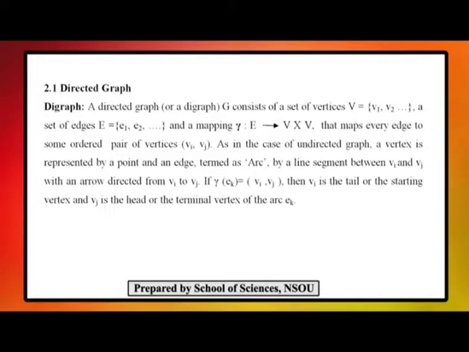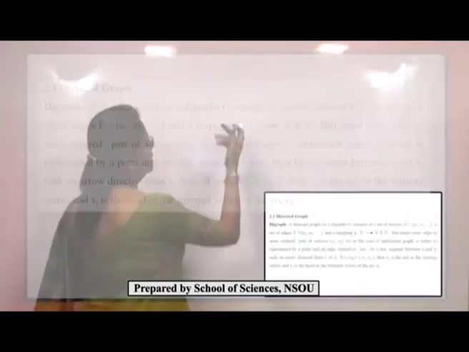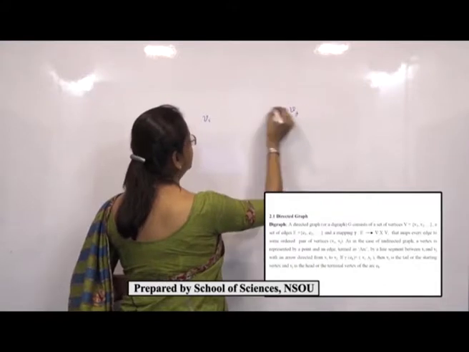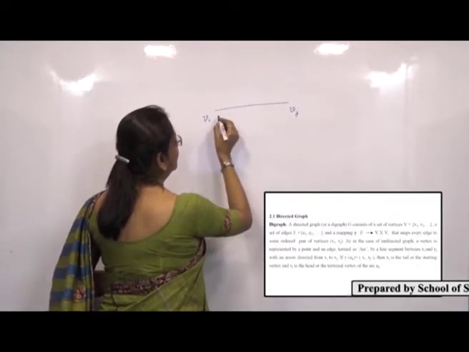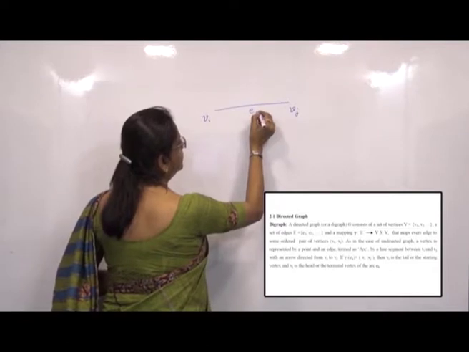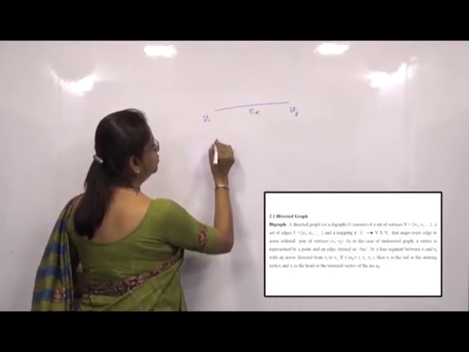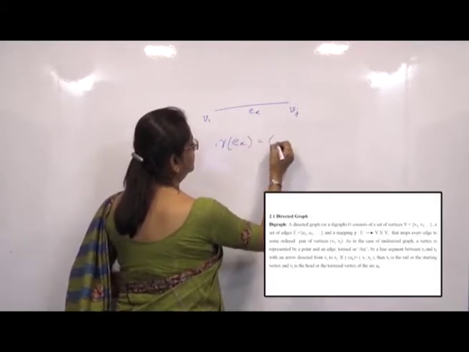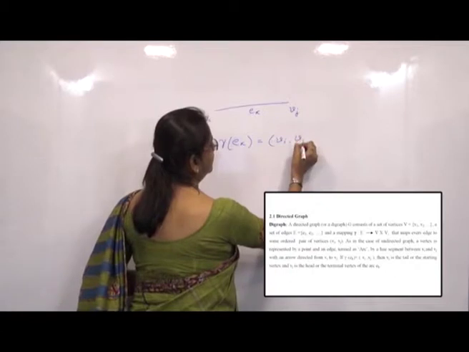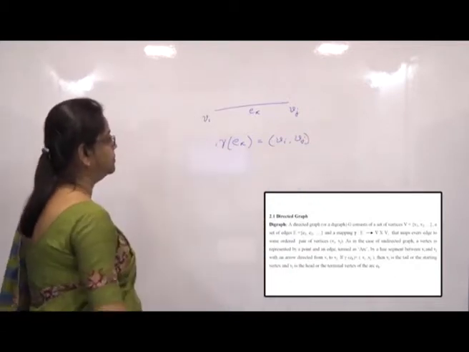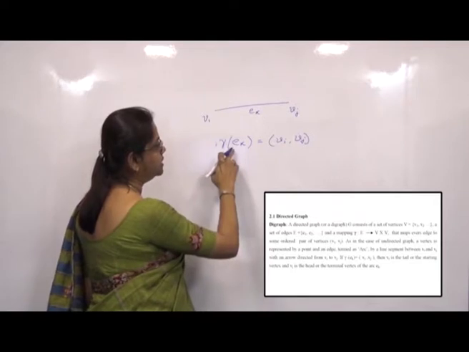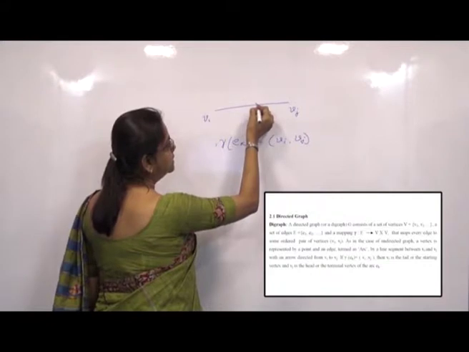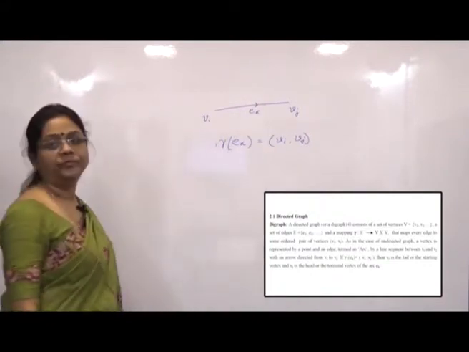Unlike undirected graph, here we represent two vertices Vi, Vj, and the edge, say Ek, when mapped onto Vi, Vj, it means this is an ordered pair, and Ek starts from Vi, goes to Vj, and that is denoted by this arrow.